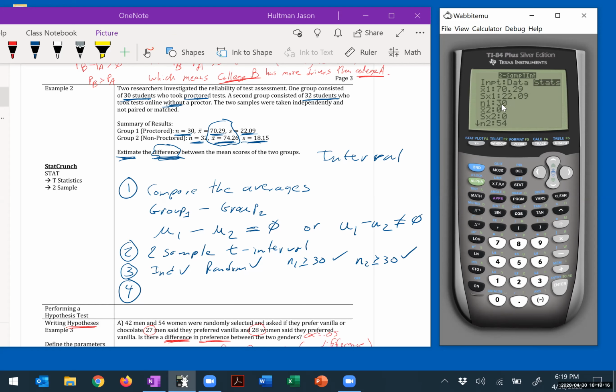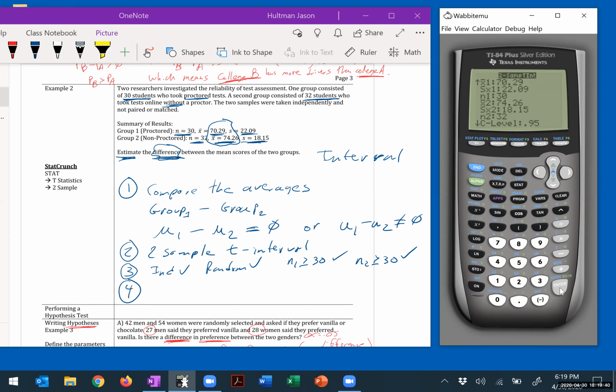Okay, x bar 2 is 74.26. Sx2 is 18.15. And n2 is 32, I believe. Yeah, 32.